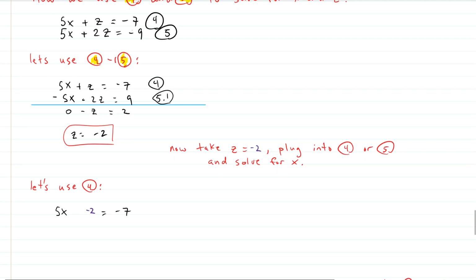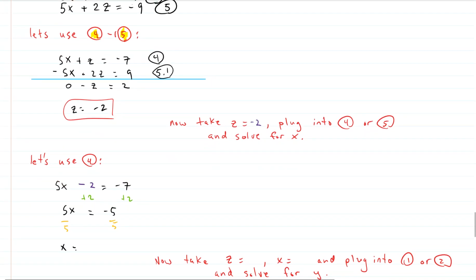So we have 5x minus 2 equals negative 7. If we add 2 to both sides of the equation, we get 5x equals negative 5. Then if we divide both sides by 5, we get x equals negative 5 over 5, which is negative 1. Awesome.